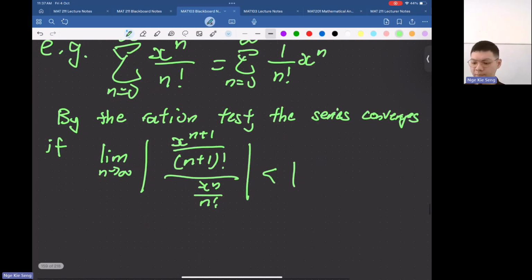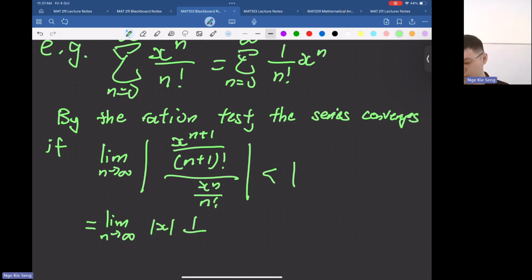If you compute this limit here, what do you get? You simply get the scalar x times 1 over n plus 1, less than 1. What's the left-hand side limit here?